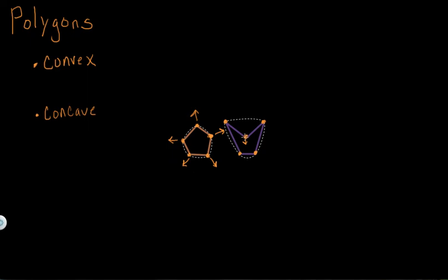So this vertex here, the one that is pointing inwards towards the center, we can't cross that with a curve unless we were to go inside of the polygon and cross over the sides, okay? So convex, all the vertices are pointing out. Concave has one of the vertices that is pointing in toward the center of the polygon.